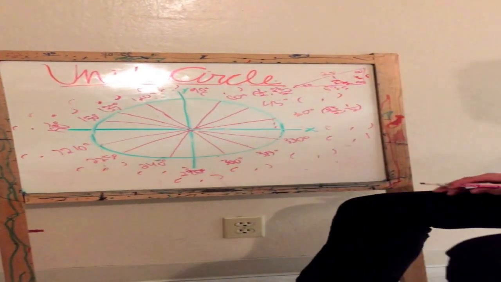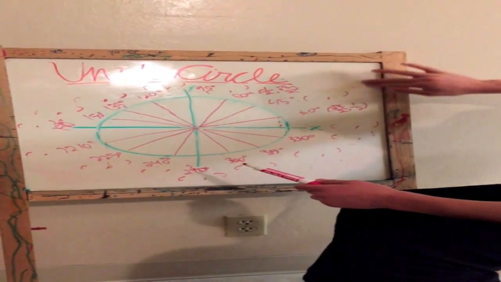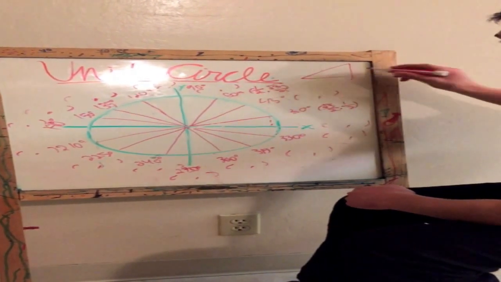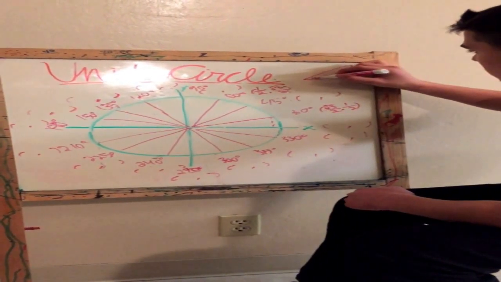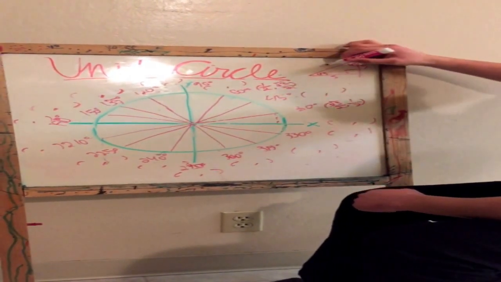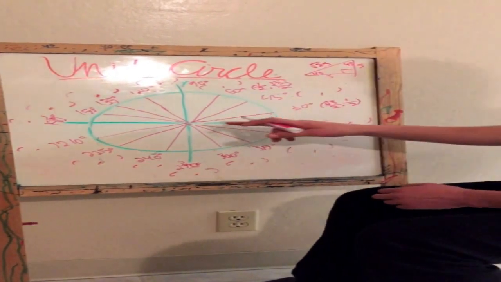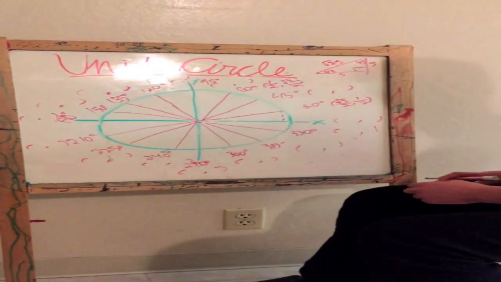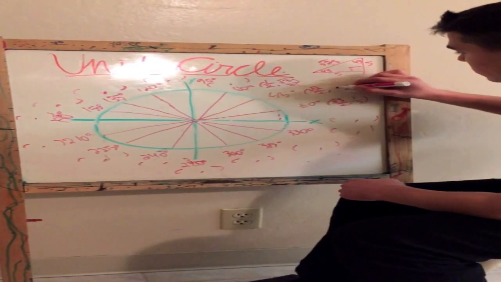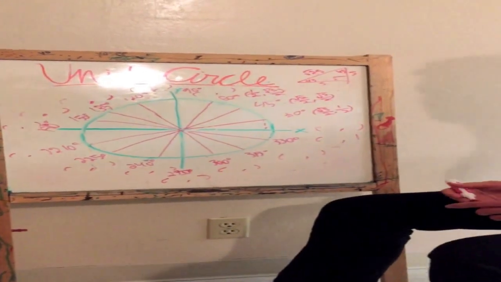For a 45-degree angle, we can draw a 45, 45, 90 triangle. If these are s, then this would be root 2 s. So using that, we know the radius is 1, so it would be root 2 over 2, root 2 over 2, both sides, because 45 and 45 are equal.